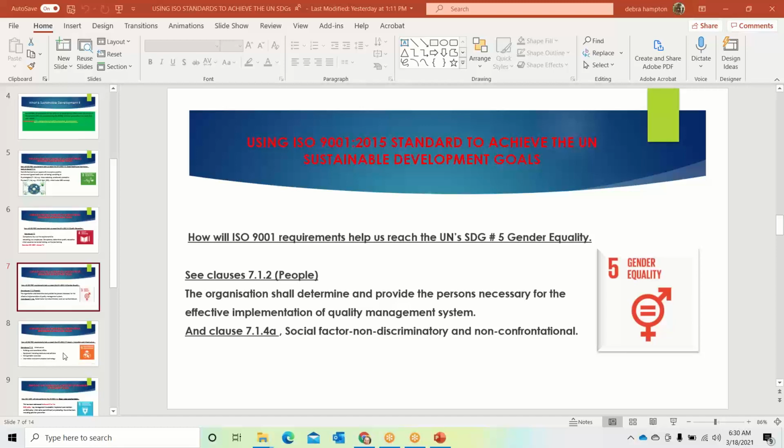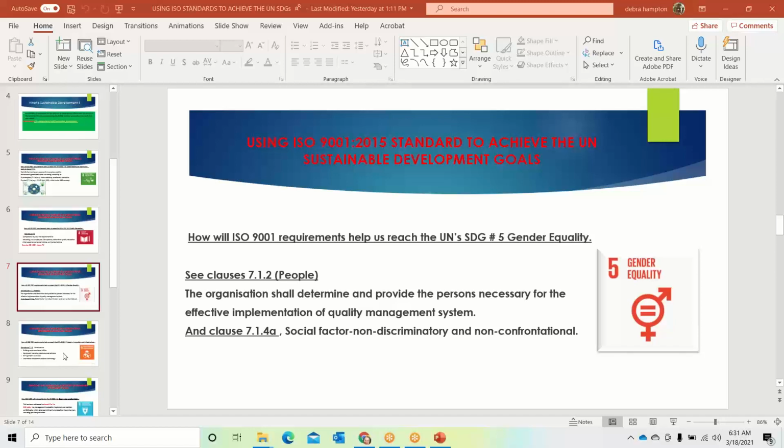Okay, so this United Nations Sustainable Development Goal number 5, which is gender equality, we can relate it to clause 7.1.2, which talks about people.